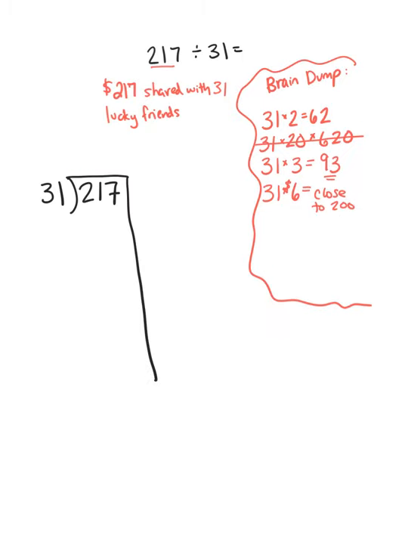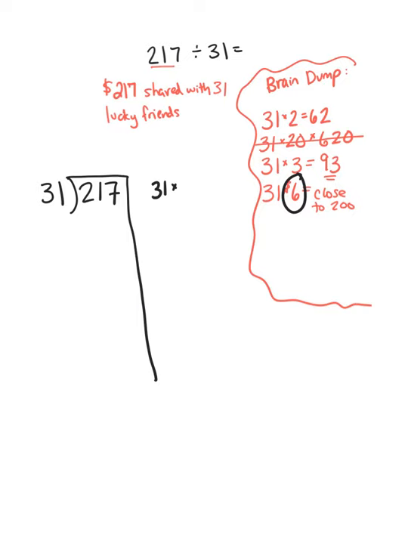Okay, so for this problem, I came up with my estimate, which is somewhere around $6 for each of my 31 friends. I think it's going to be easiest to use my partial quotient strategy. I'm going to multiply up times 31 to try to get as close to 217 as I can, and I'm going to repeatedly subtract my partial quotients until I'm all out of money to share.